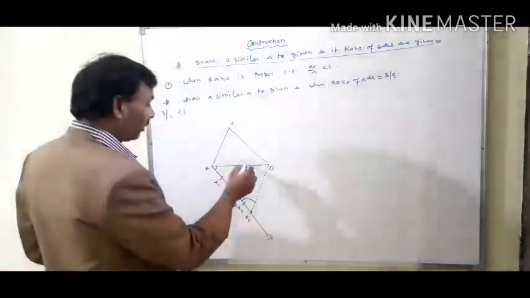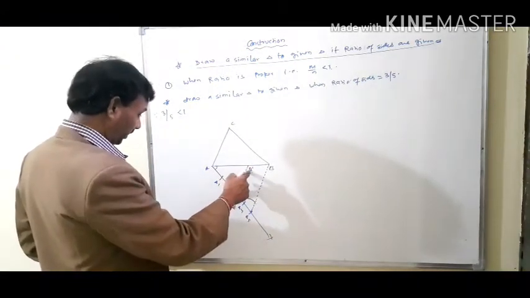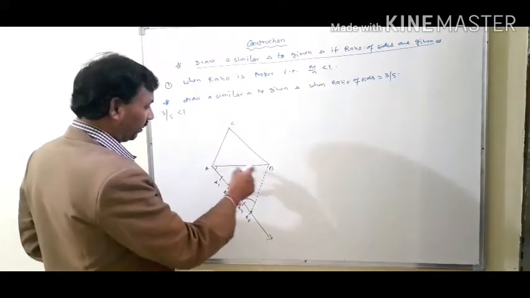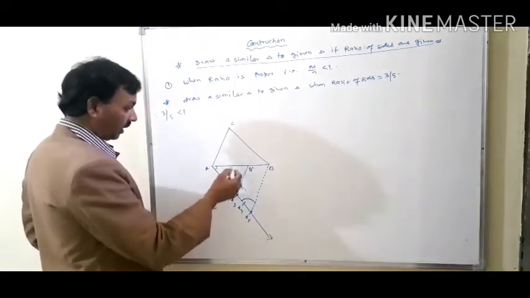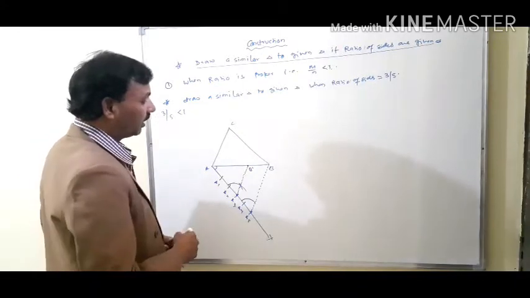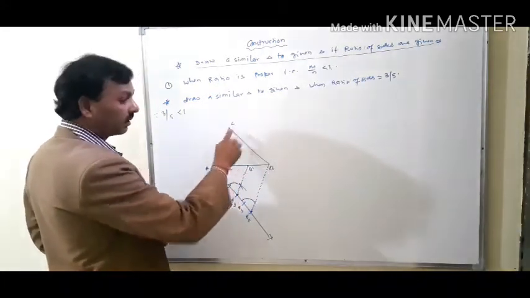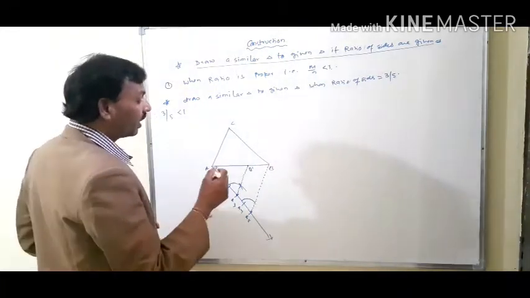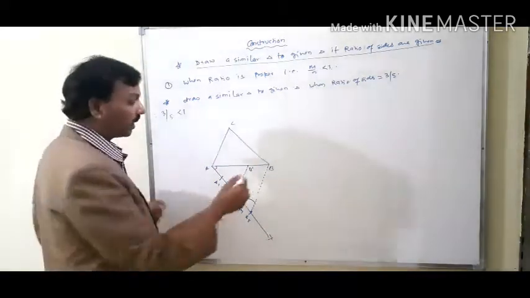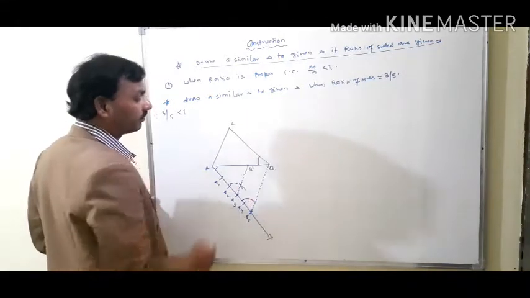Again, A3B dash intersects AB at B dash. From B dash, we draw a parallel line to BC. In the same way, take any radius in your compass and put on B and cut an arc like this.